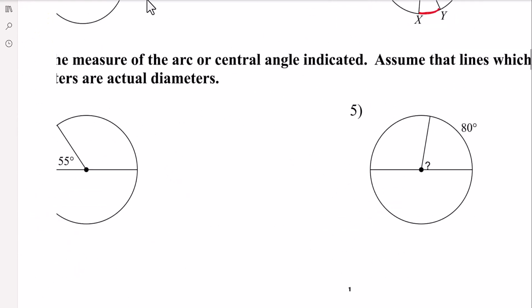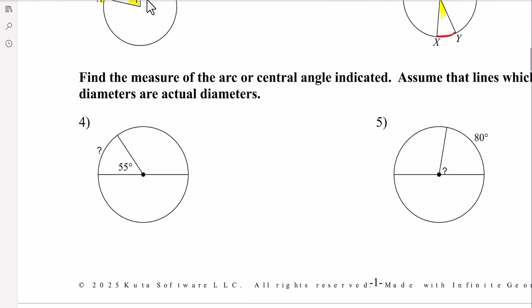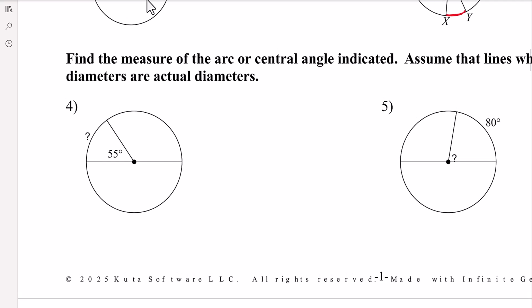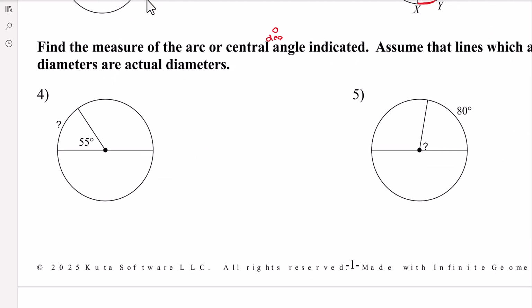Now it says, find the measure of the arc or the central angle. Remember that it's the same measure, one is in degrees and one is in radians, but they're equivalent measurements.